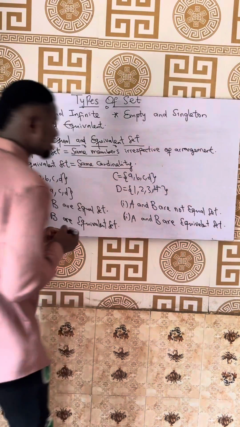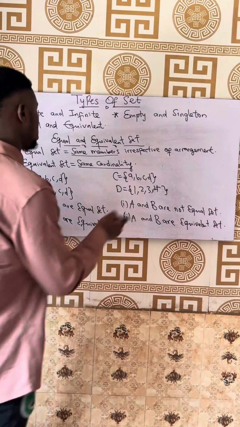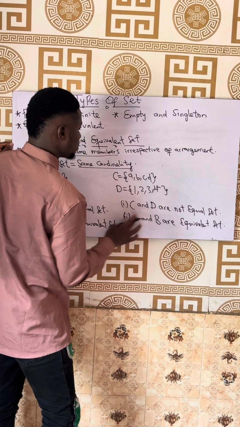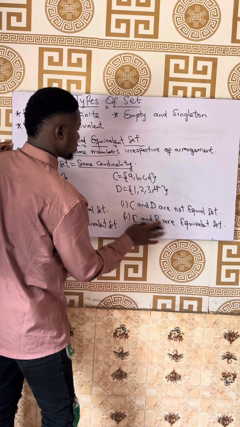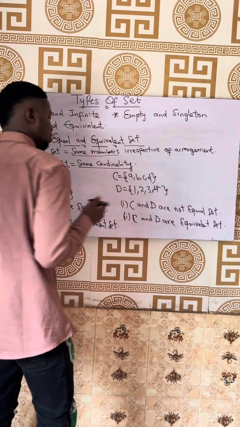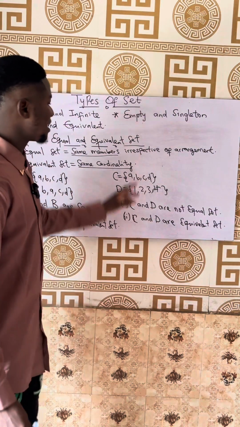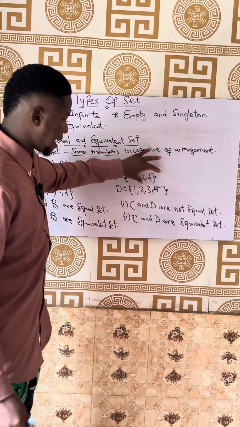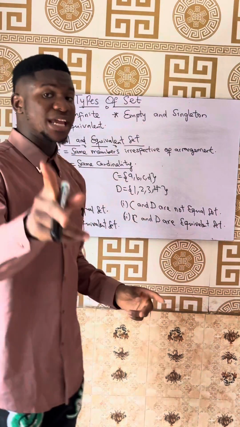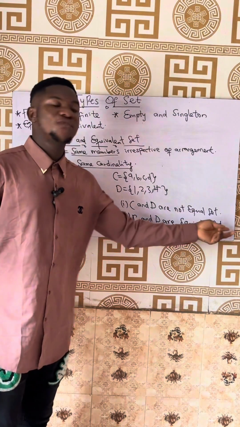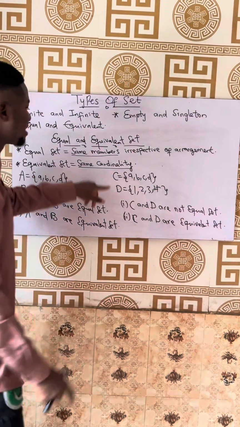So guys, you are going to see that set C and D are not equal sets because they do not have the same members. Before we can say that two sets are equal, they must have the same members. But set C and set D are equivalent sets because they have the same cardinality.